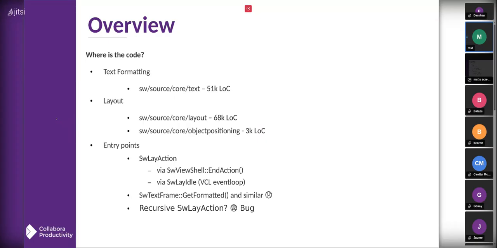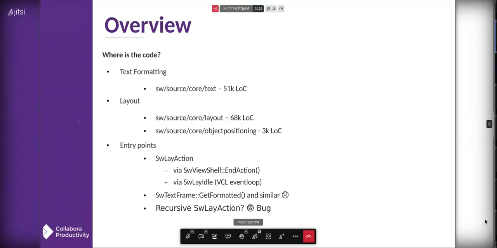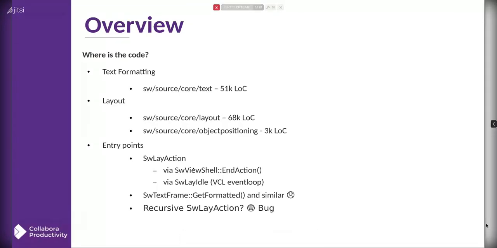And then there is also the VCL event loop, which at some point will have nothing important to do, and then it will invoke the SwLayIdle, which is an idle task that, among other things, also does document statistics and some things like that. Among other things, it will create this SwLayAction.